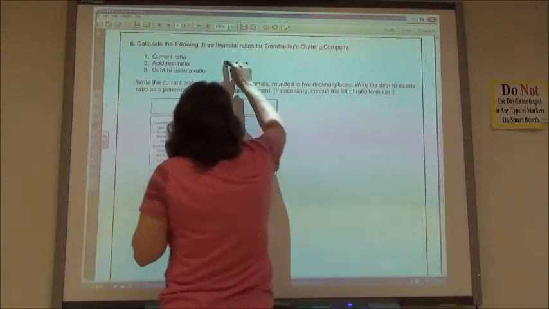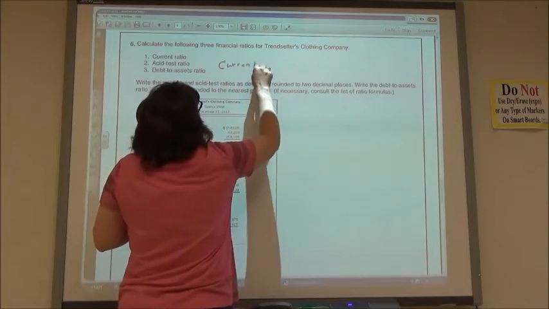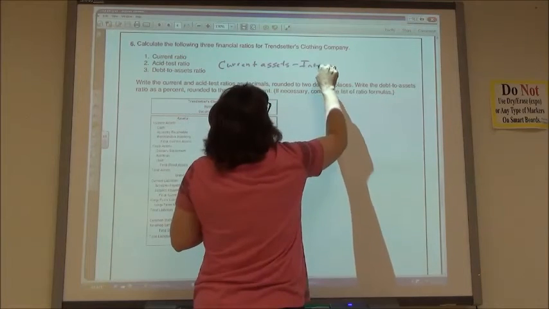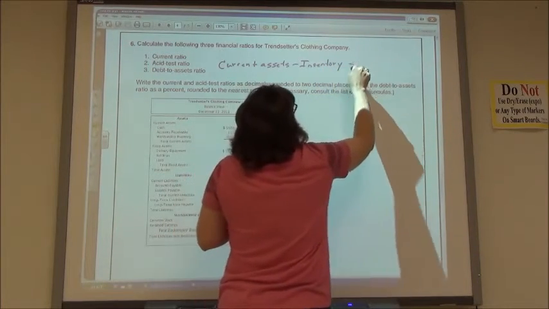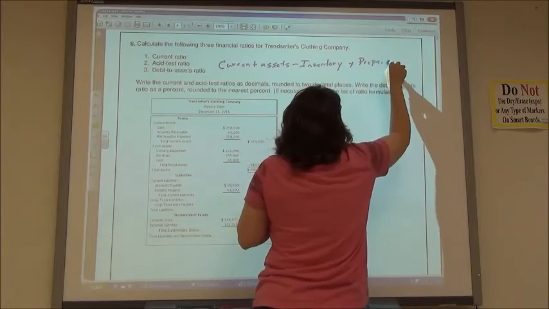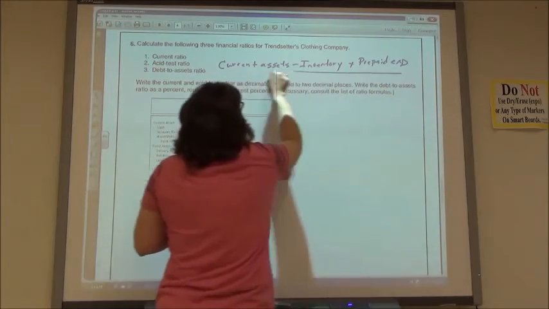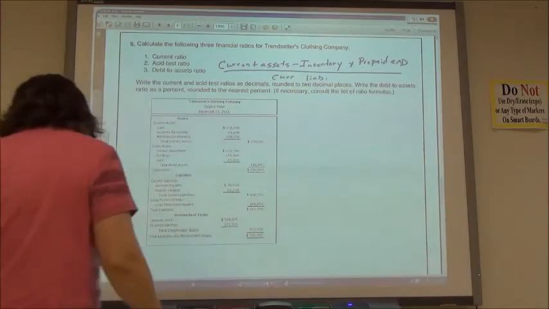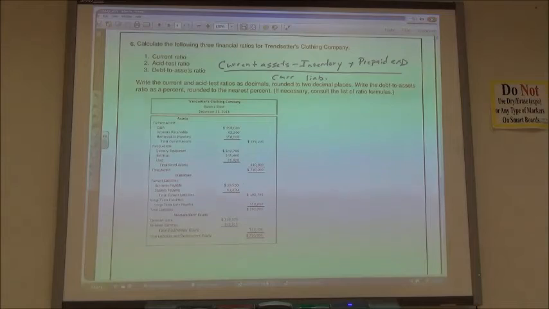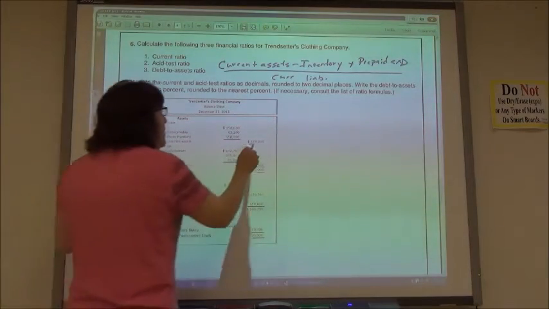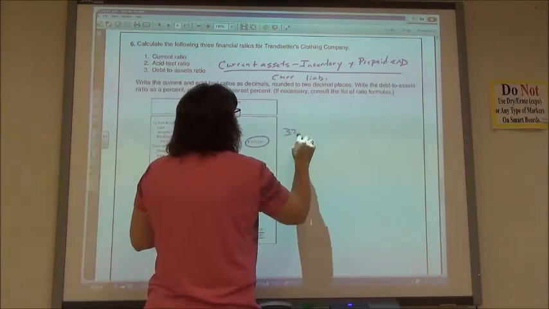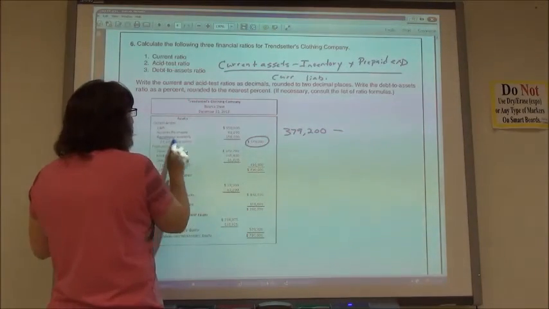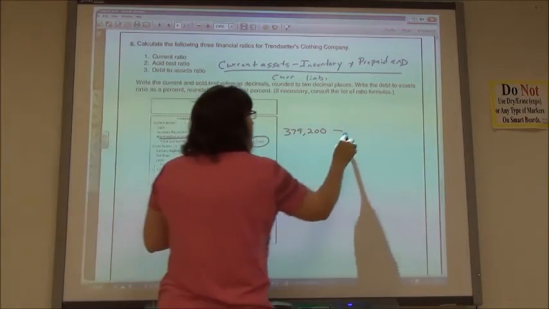So, current assets minus the inventory plus prepaid expenses all over the current liabilities. So, total of my current assets, again, we already found that before, $379,200. We have to subtract off our inventory. Merchandise inventory, $158,000.